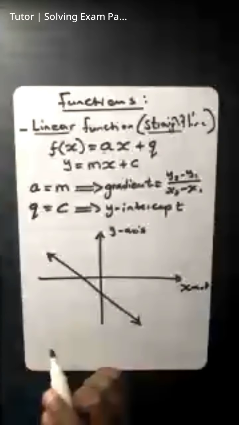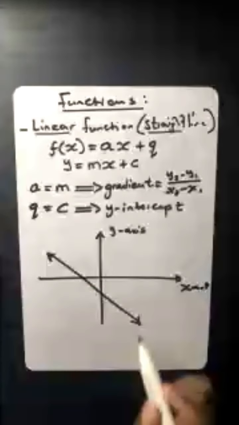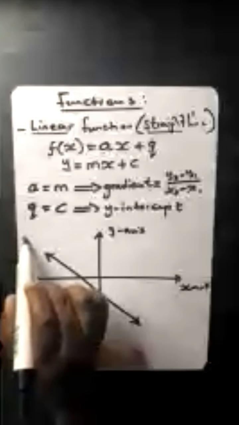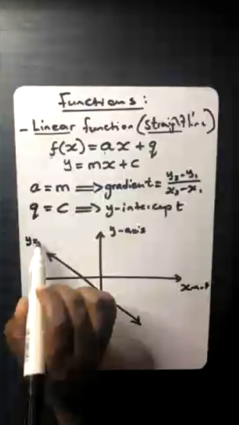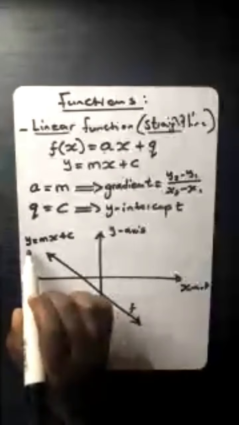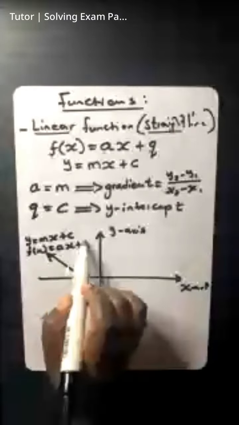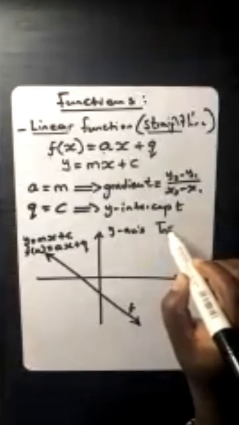Let's say this is a straight line graph where y is equal to mx plus c. Let's say this is the graph of f, then this is f of x, the function of x, equal to ax plus q. Doesn't matter. This is just a general form, guys.